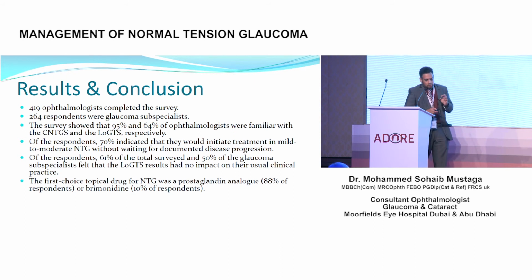Of these respondents, the subspecialists felt that the low tension glaucoma study results had no impact on their usual clinical practice. And again, as I've alluded before, it very much depends on the patient. If they're getting a good response, they're very compliant with the prostaglandin, then so be it, use a prostaglandin. Their first choice in normal tension glaucoma was prostaglandin analogs. And some of them were using brimonidine, provided the patient didn't have any side effects.